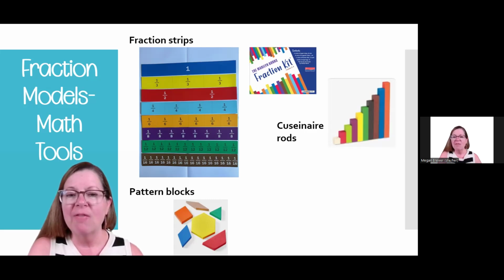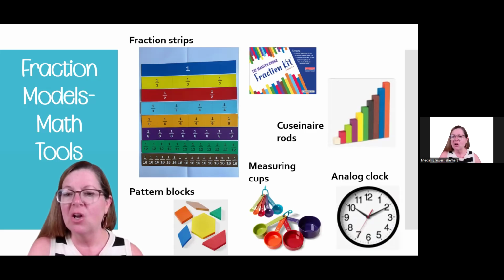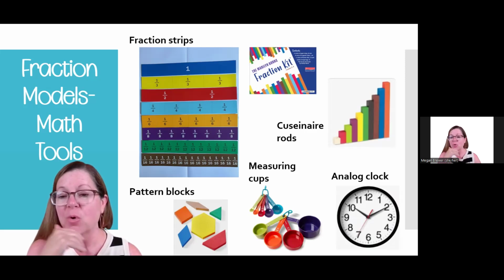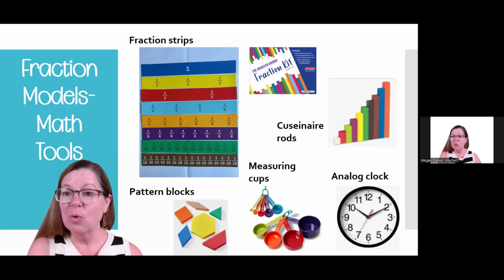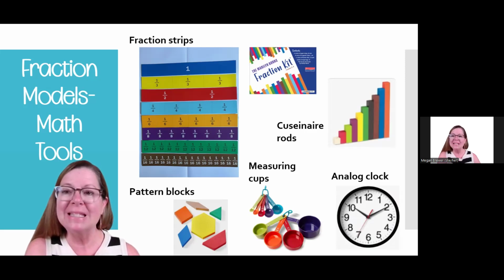All right. Next up, we have measuring cups and analog clocks. They can be used also with fractions, of course. Real life examples. Maybe we have students explore, how many 1/8 teaspoons make up 1/4 teaspoon? And of course, students would see that 2 1/8 make up a fourth.